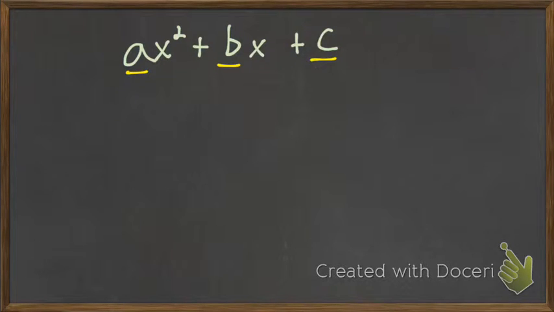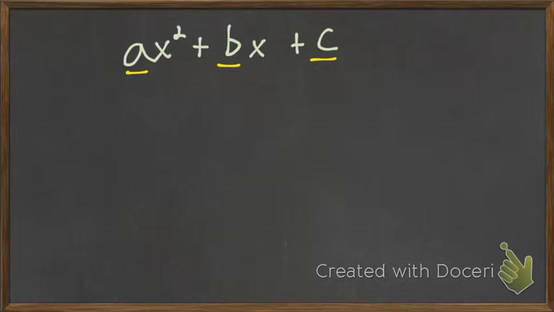Okay, so today we're going to be talking about factoring trinomials that go into the form of ax squared plus bx plus c. Now a, b, and c could be different numbers, different coefficients that go in front of that variable.